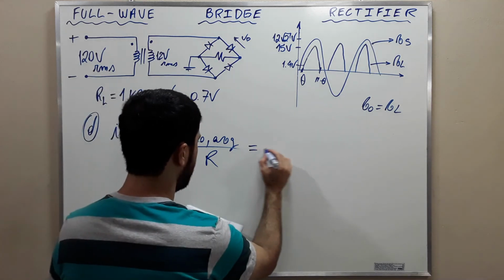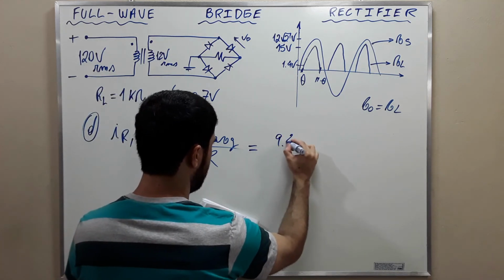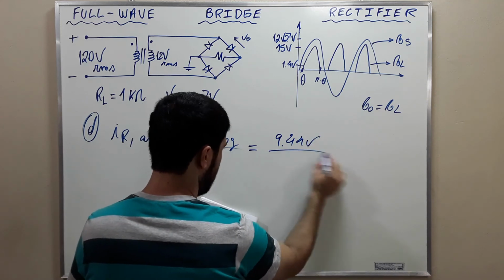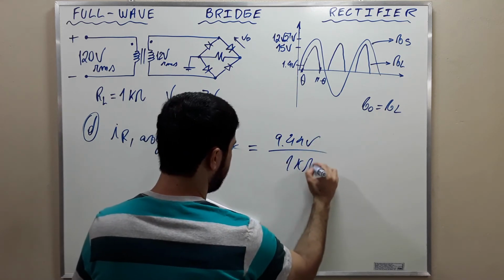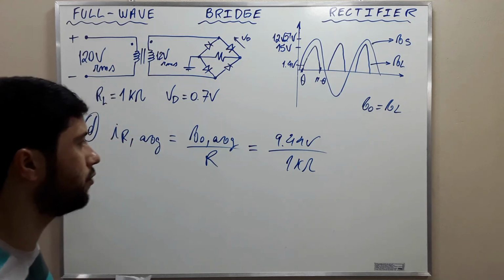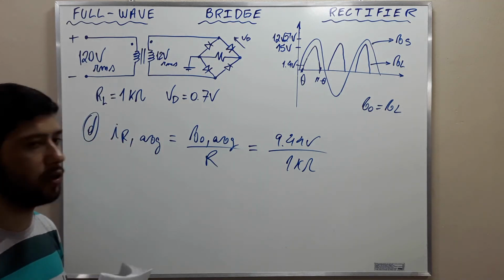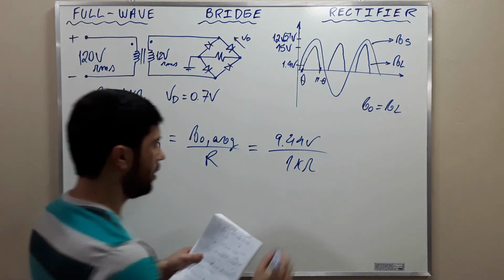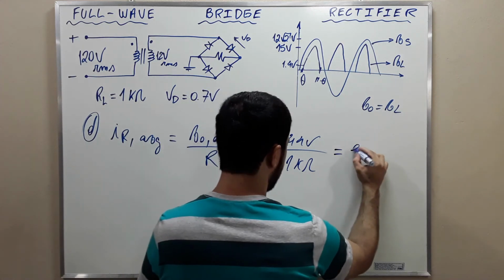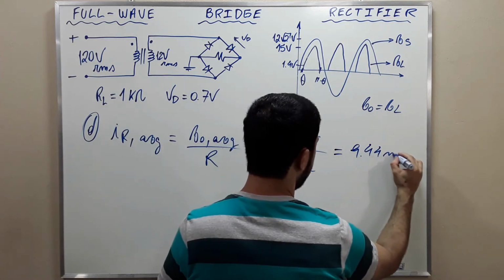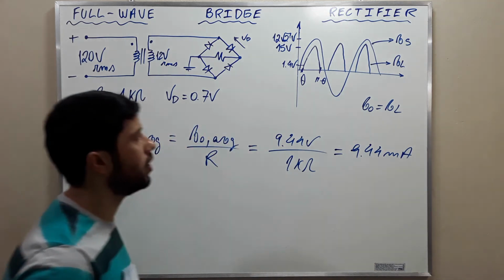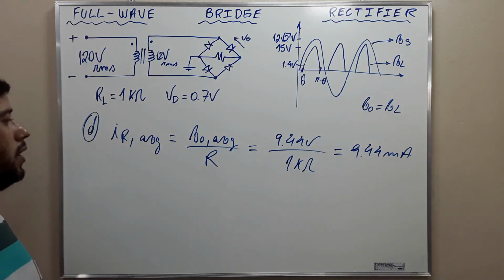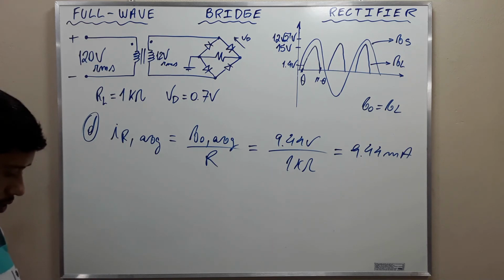We plug in the values: the voltage of 9.44 volts divided by 1 kilo ohms, and we find a value of 9.44 milliamperes. All right, my friends. This is the last result, the result of letter D.